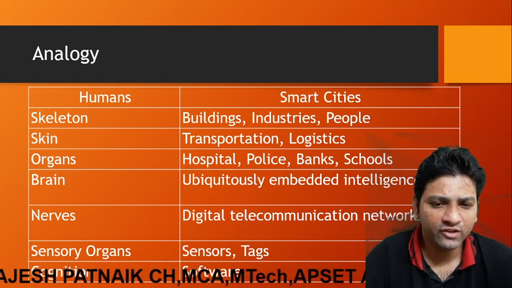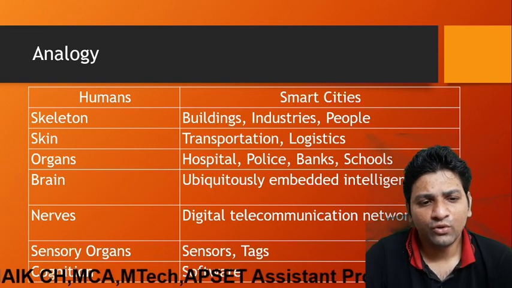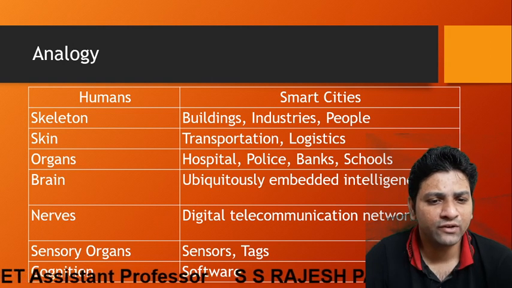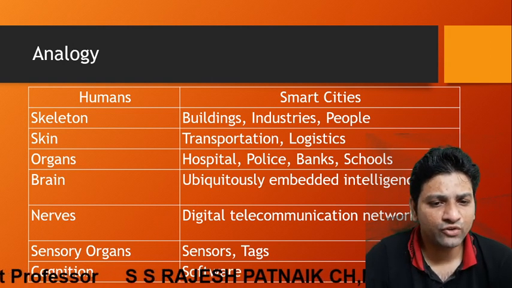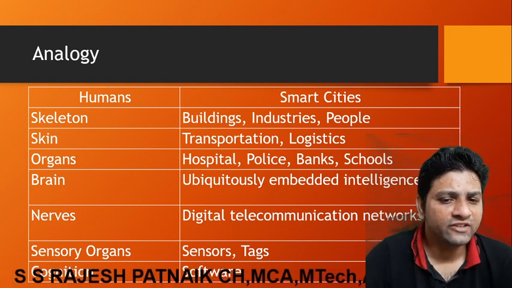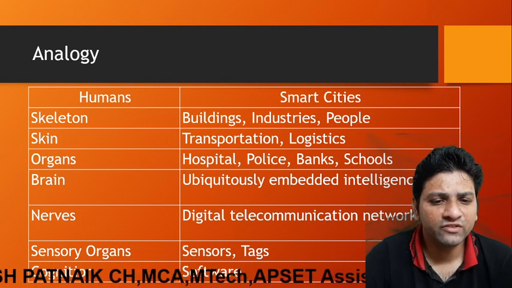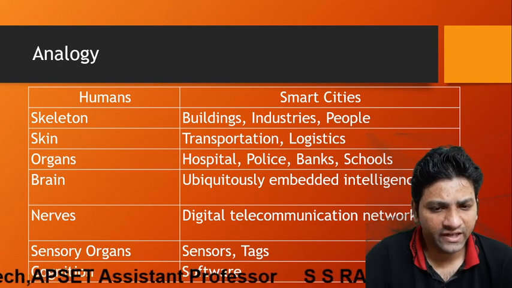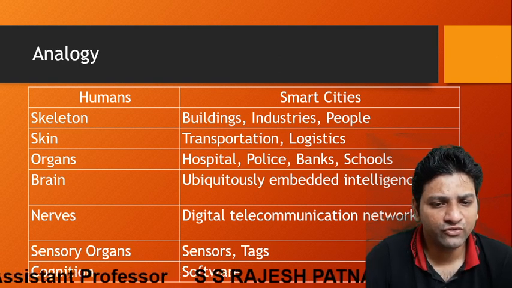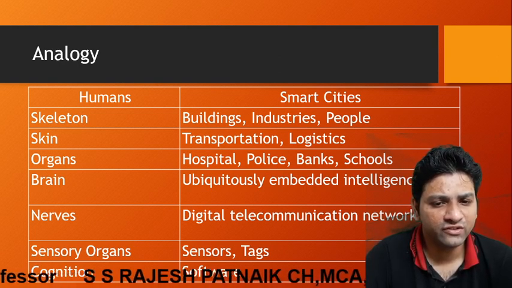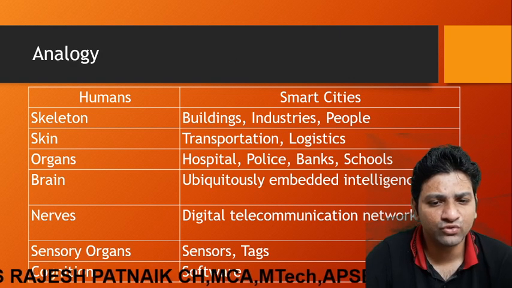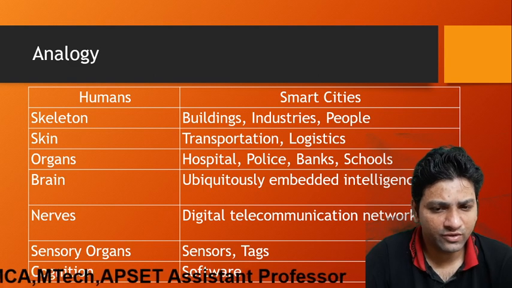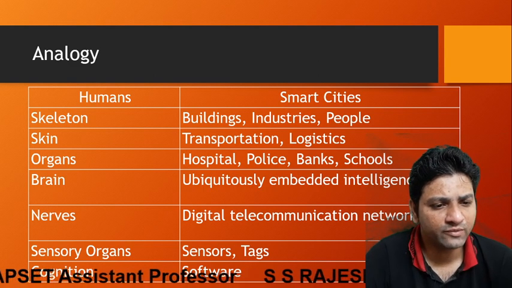Similarly, in a smart city, buildings, industries, and people are like the skeleton. The skin is the transportation and logistics. Transportation means the data that is transferred from one place to another, and logistics is nothing but the goods and services transported from one place to another.